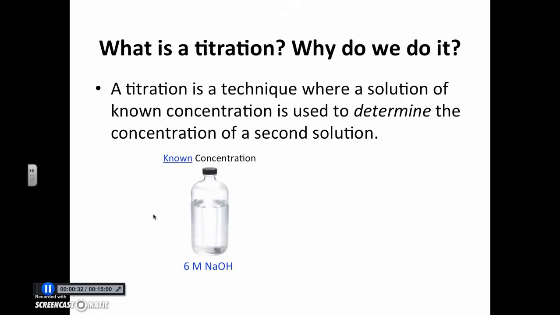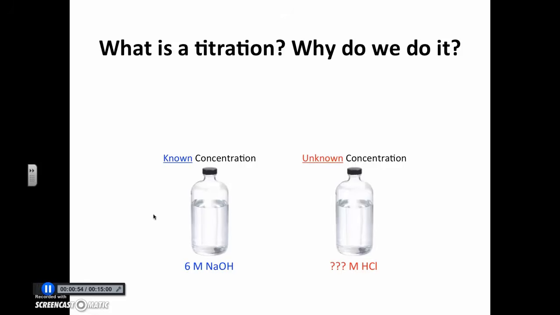Let's take, for example, this bottle of 6 molar sodium hydroxide. Well, obviously this is our solution of known concentration. But over here we have a bottle of hydrochloric acid, and we do not know the molarity, so this is our unknown. Using titration and this 6 molar sodium hydroxide, we can determine the concentration of the hydrochloric acid.